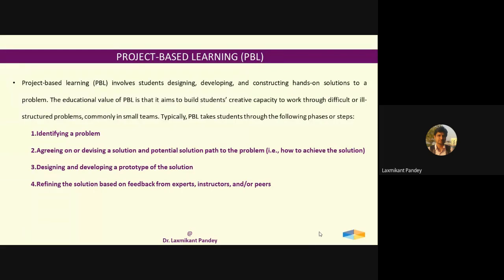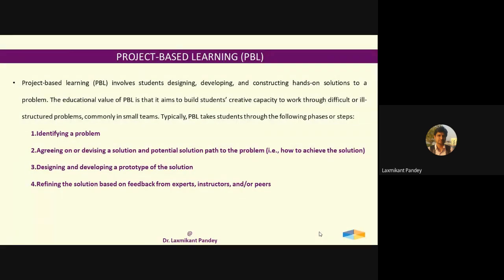In that situation, he needs to work in a team. So this is a very important merit, or advantage, of project-based learning: by this the students become part of the process of learning. Because of that, different kinds of skills are inculcated among the students.